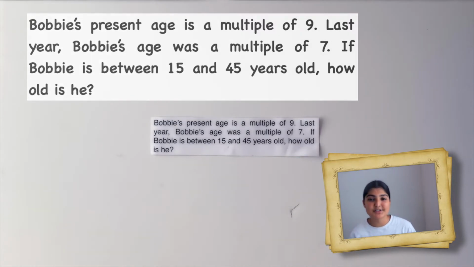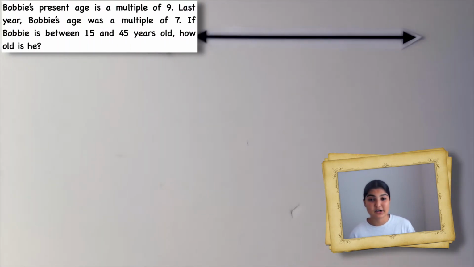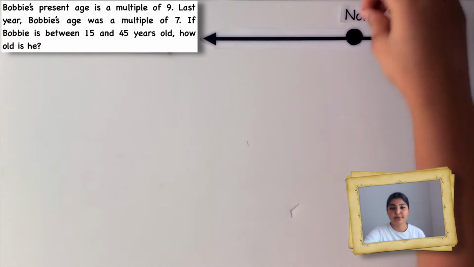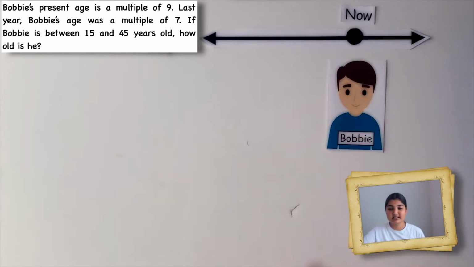Let's put this question on a timeline. Here is our timeline. This point on our timeline presents the time now. So how old is Bobbie now?